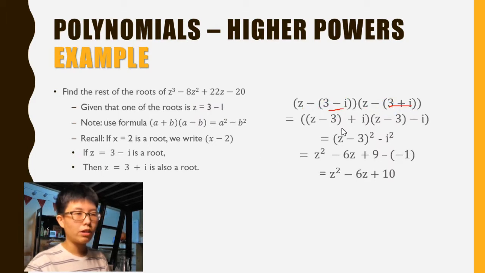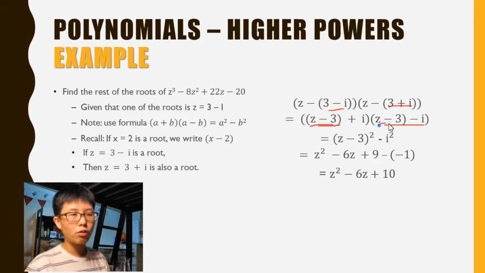Okay, so what we're going to do next is my favorite trick: I'm going to expand the bracket and then regroup it. When I expand and regroup it, I'll always end up with z minus something in the front of it.